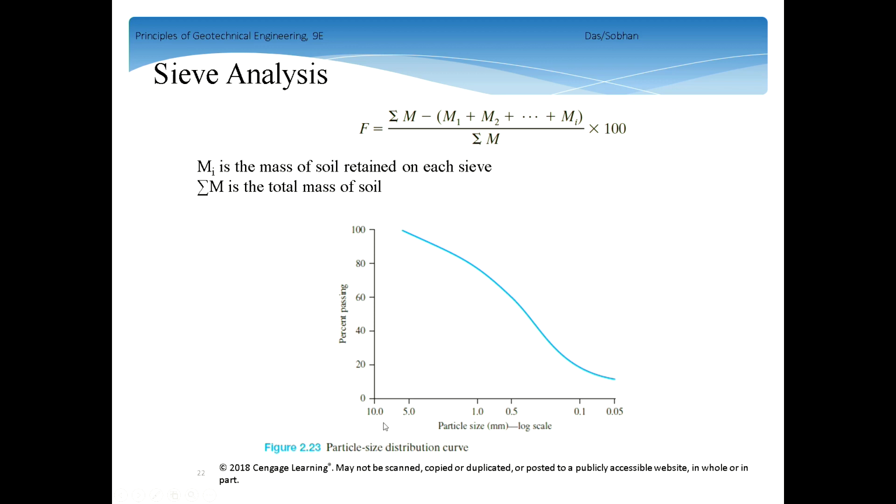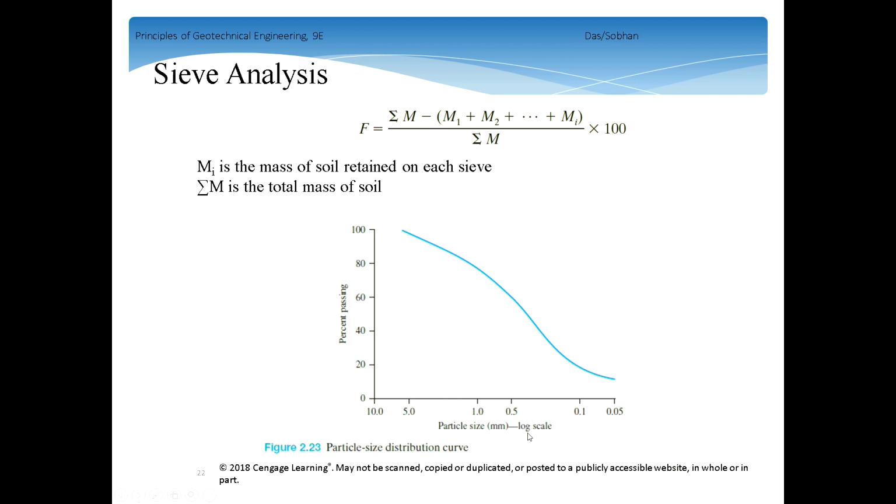In the final analysis, we will plot on a semi-log graph to produce the particle size distribution curve. It is a curve. On the x-axis, it is particle size. The particle size depends on the opening, right? If the opening is bigger, the particle retained on this sieve will be bigger.